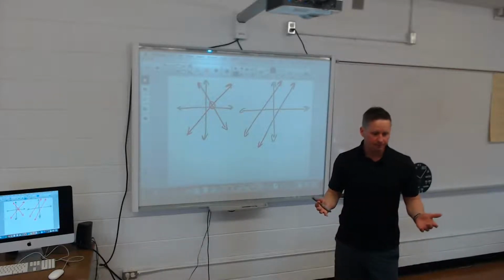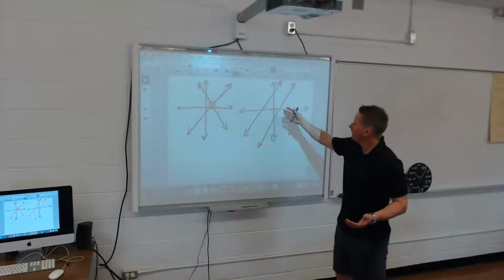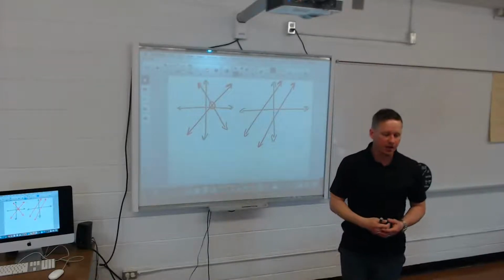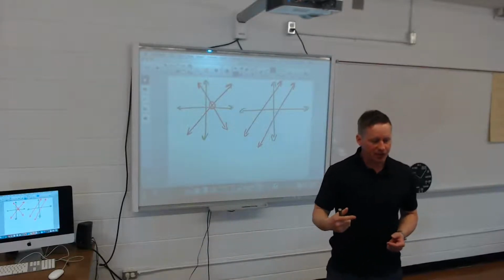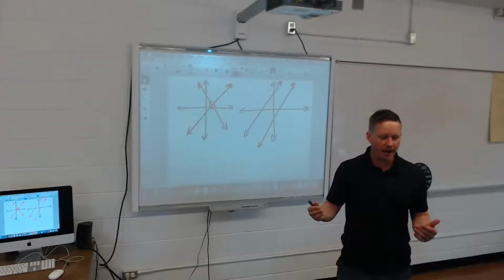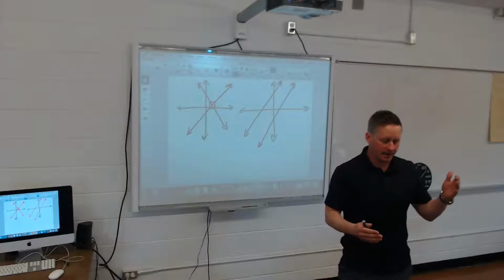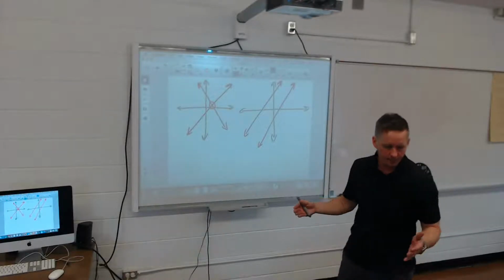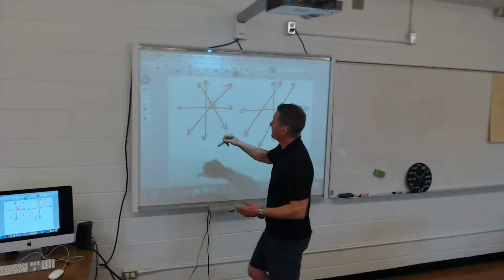Answer, 0. Right? Because they're never going to touch, they're never going to cross, which means that they never share the same coordinate that can make their equations equal each other.